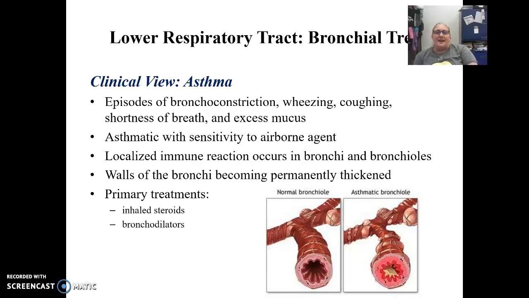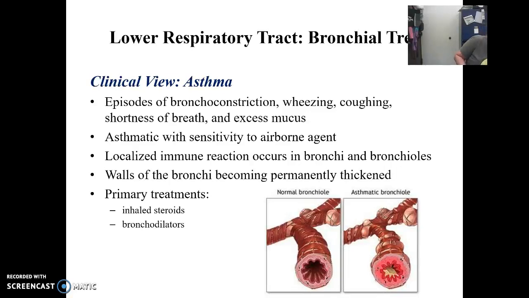So asthma is an autoimmune disorder, and usually it's associated with some type of allergic reaction. There are different forms of asthma, but asthma in a nutshell is a very serious condition. And typical treatment, so here you see the bronchi of an asthmatic. Here's a normal bronchi.